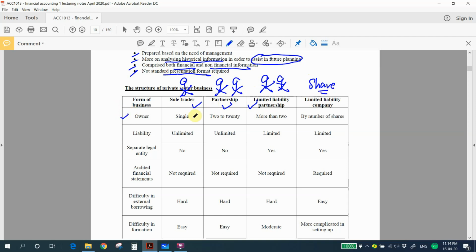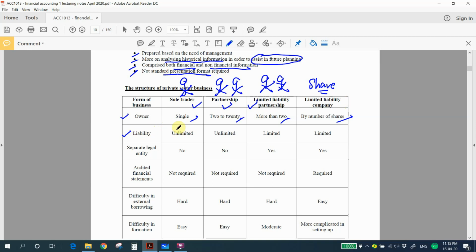Owner. For sole trader, you have a single owner. Partnership and limited liability partnership, we have 2 to 20 or more than 2. And for the limited liability company, we base on the number of shares to determine the owner. Liability. Liability here is discussed when the company is not doing well and the company is going to liquidate.